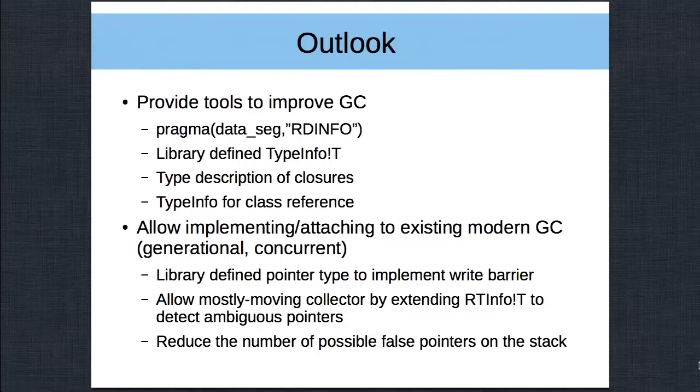There was also a pull request, I'm not sure if it was accepted already, to generate immutable class instances into the data segment. That would help here quite a bit. So type descriptions for closures are needed to be more precise.